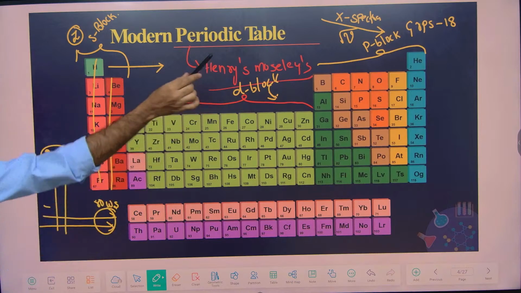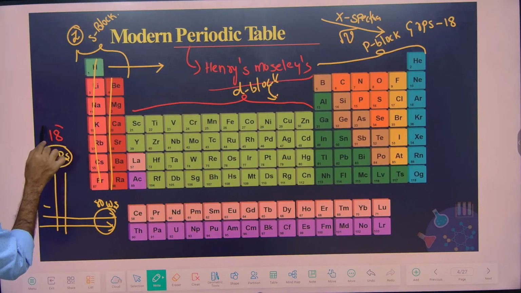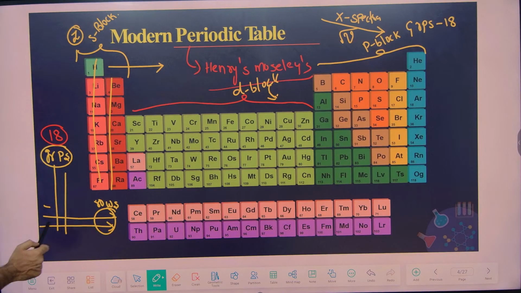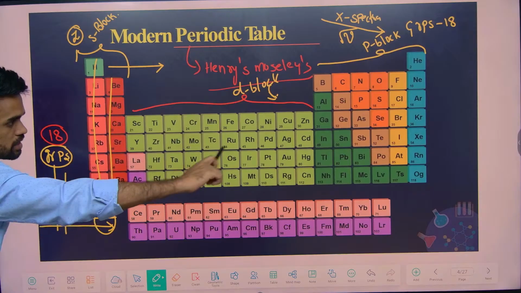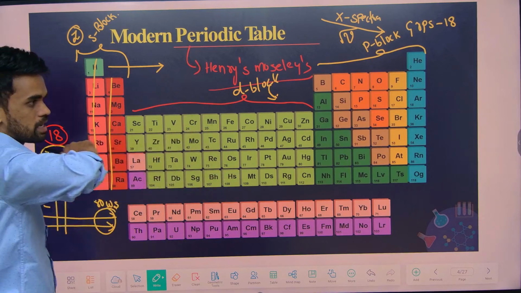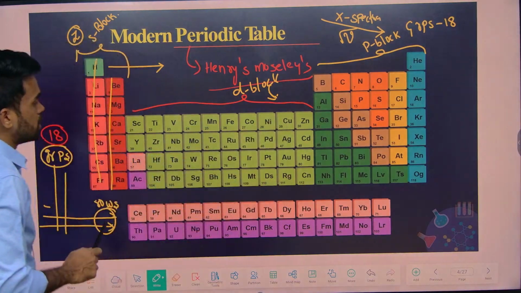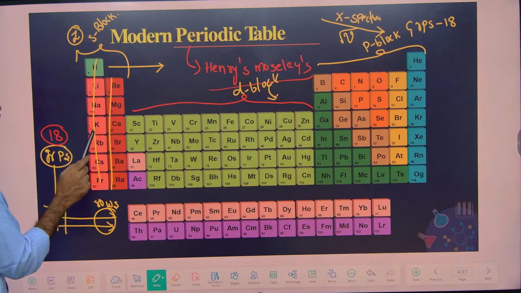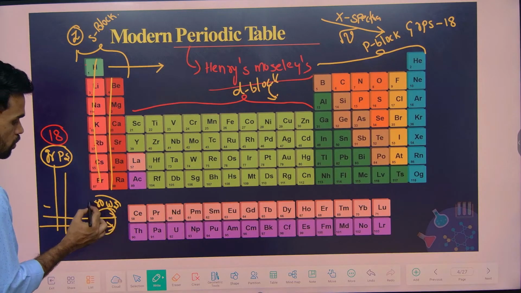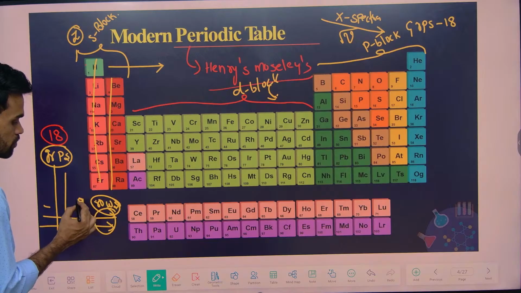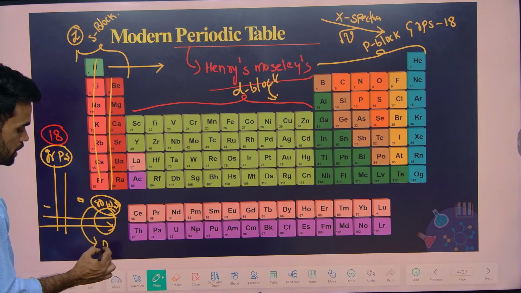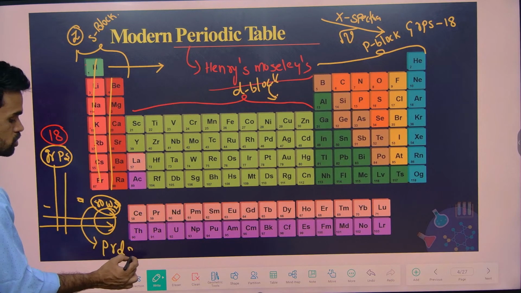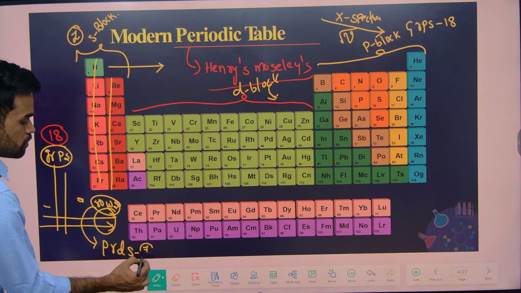If you observe, there are 18 groups in the periodic table. And how many rows are there, horizontal lines? 1, 2, 3, 4, 5, 6, 7. So 7 rows are there. Therefore, these rows are called periods. So 7 periods are there.